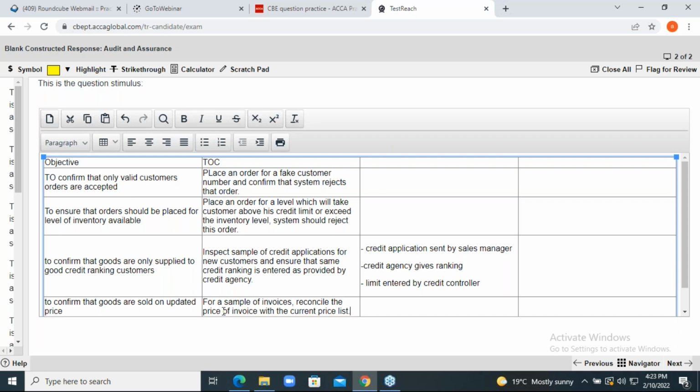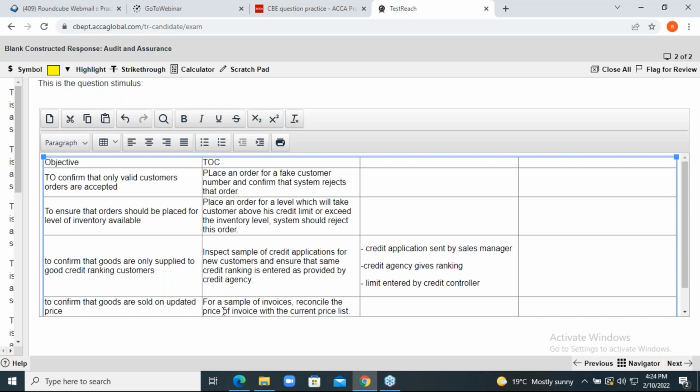Now, for example, there are 1000 invoices entered in the system. From these 1000 invoices, we are going to select 100 invoices, some from January, some from March, some invoices from May. And we are going to get the price list for these months.